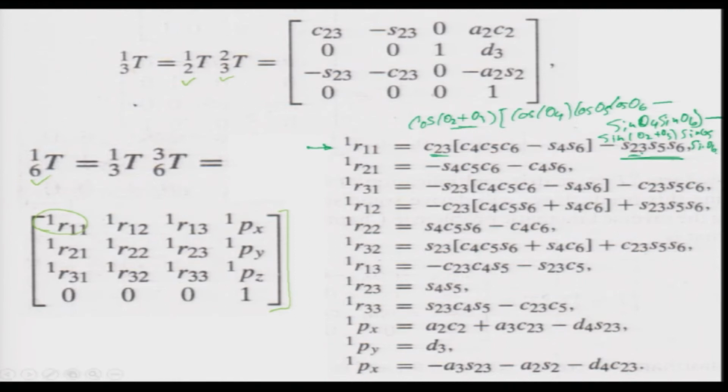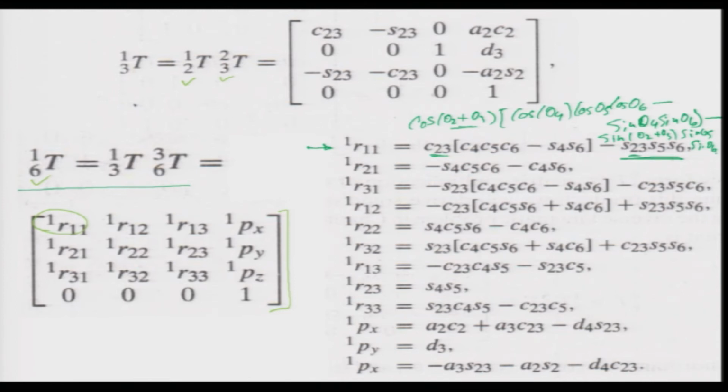Now, because these terms are appearing like this, it will be extremely difficult to solve, since these are trigonometric equations appearing in all combinations. So if we try to equate the left hand side, the desired matrix, with that of the final matrix between the end effector and the base, we will not be able to solve.